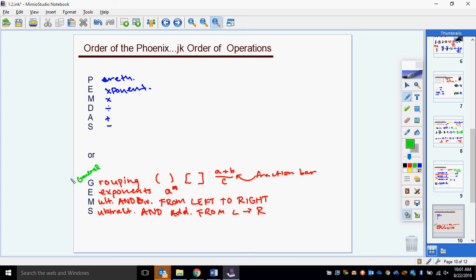And then maybe there's lieutenant. Lieutenant is the second highest ranking. If you take care of the general's orders, then you can go on to the lieutenant's orders. If the general doesn't give a command, then you do the lieutenant's command first.